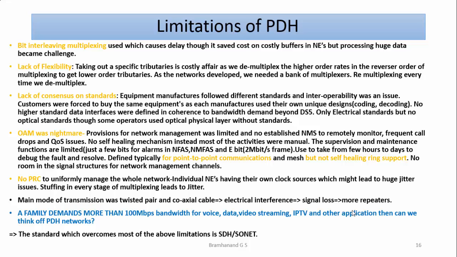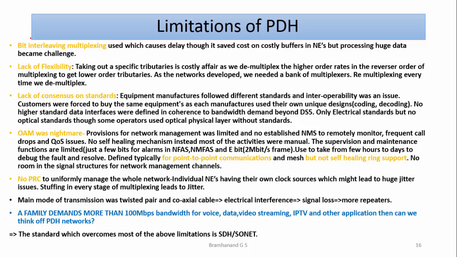So processing of the bit by bit data at the higher data rate is very challenging, and it induces a lot of delay as well. And the next is lack of flexibility. Taking out specific tributaries from a very high data rate is a very costly affair, as we need to demultiplex the higher order data rates in reverse order of their multiplexing.